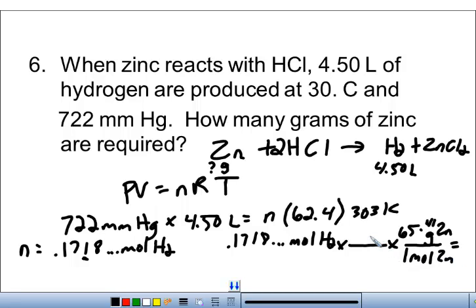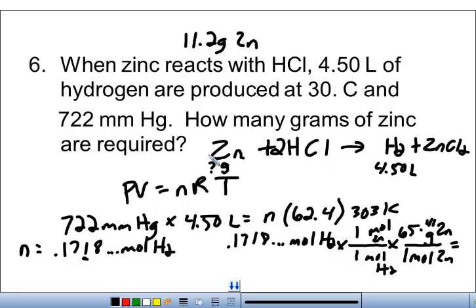I need to cancel moles of zinc here. I need to cancel moles of hydrogen here. My zinc has a 1 in front of it. My hydrogen has a 1 in front of it. When I multiply through, because there's only 1s on the bottom, I'll get an answer of 11.2 grams of zinc.